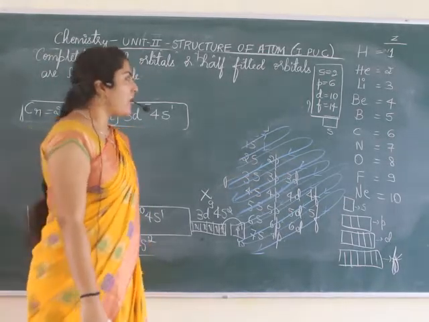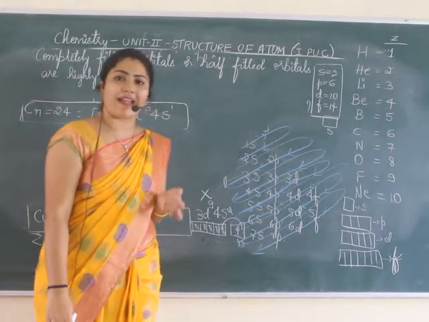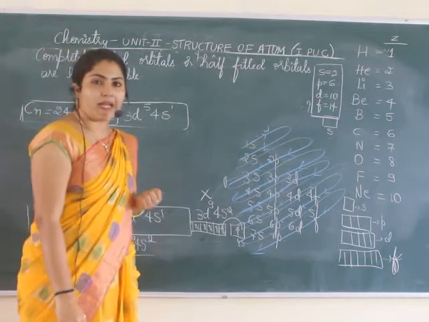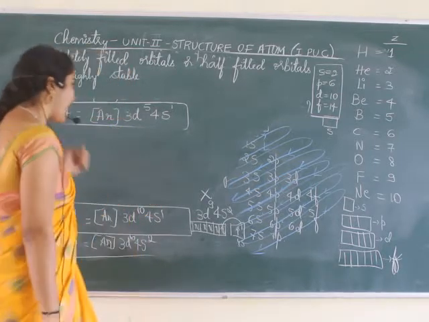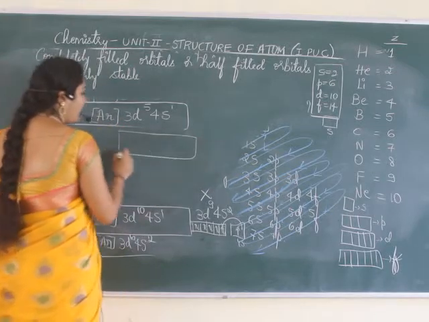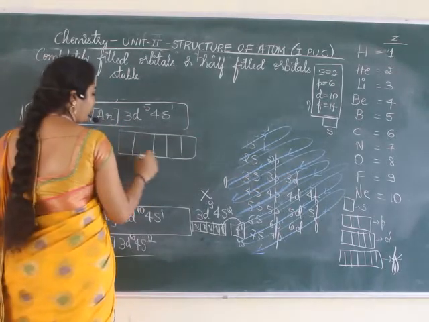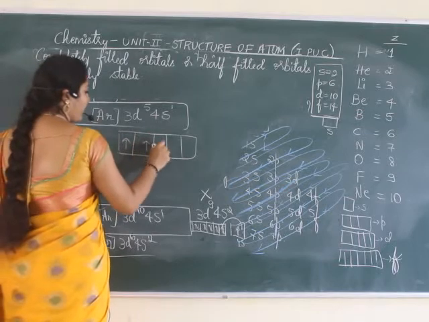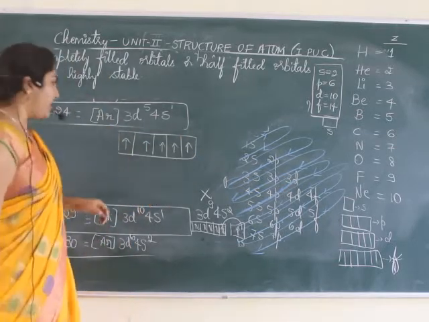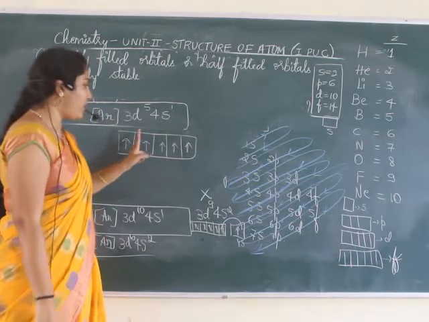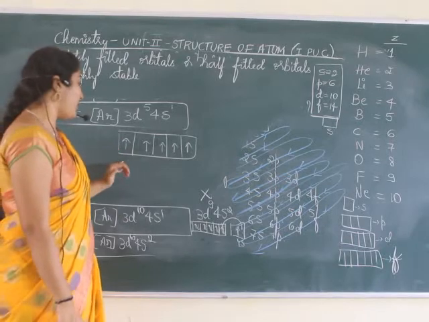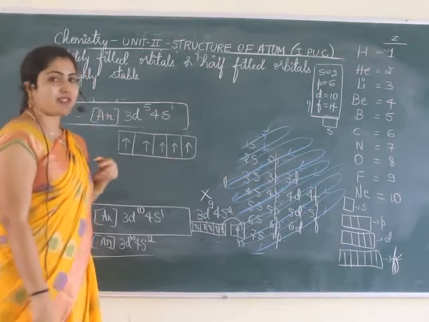Clear? Now there are some other factors which will result in the stability of the atoms. One is called as exchange energy. What usually happens is within the same orbital, now say if it is all half filled, then here what happens, they are all symmetrical, and these can exchange their energy.